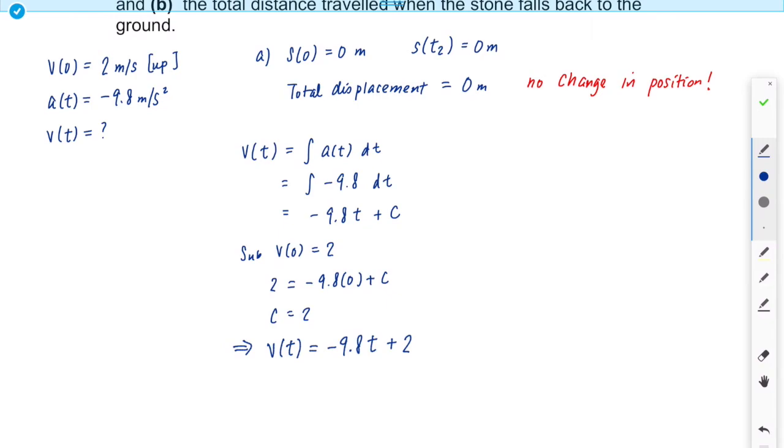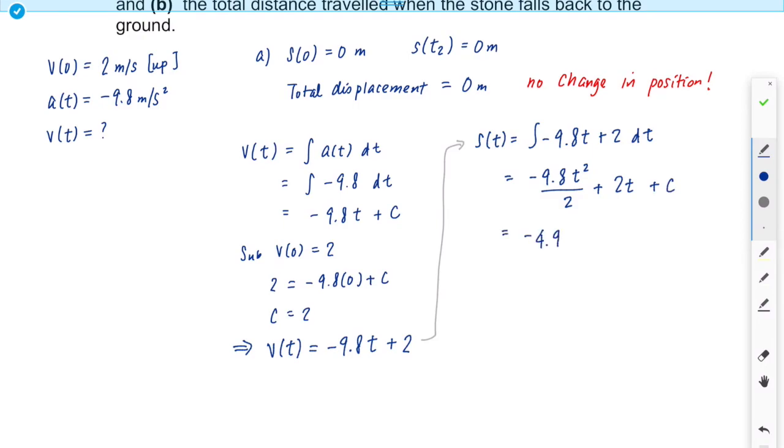Now we're going to find S of t, which is the integral of negative 9.8t plus 2 dt. So I know that this is going to give me negative 9.8 t squared over 2 plus 2t plus c, which is negative 4.9 t squared plus 2t plus c.